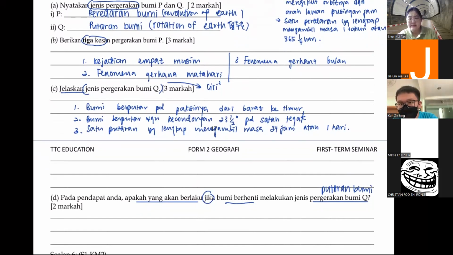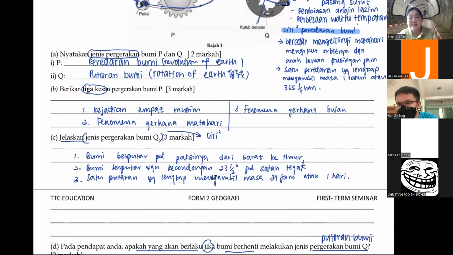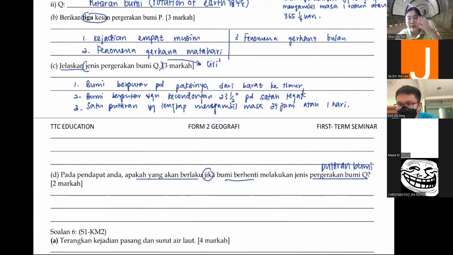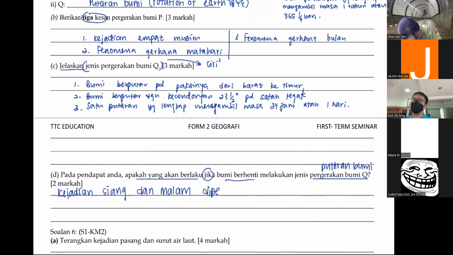The easiest is the effect: you will have 24 hours of daytime, right? So you can say kejadian siang dan malam dipengaruhi, being affected. Yes, no more cycle.